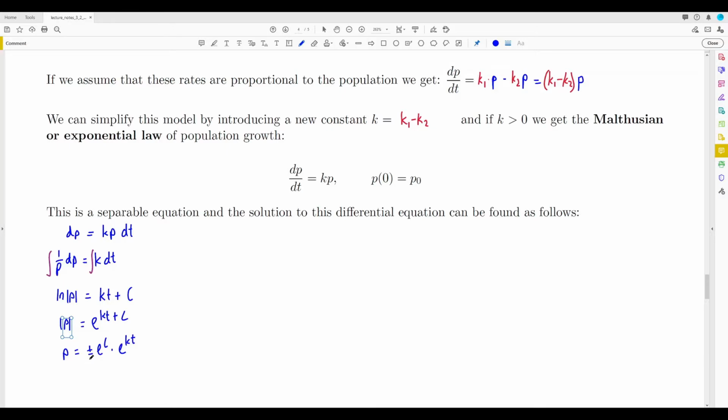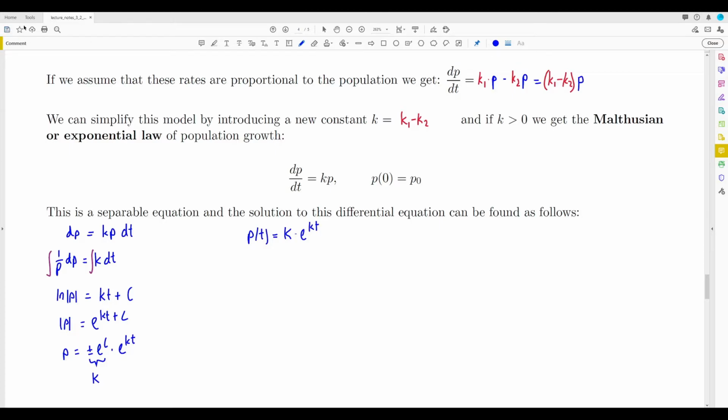And I can give this another name. Let's call that constant capital K, whether it's positive or negative. It doesn't matter, it's still a constant. And so that gives me that P of t is a constant capital K times e to the power little k times t.